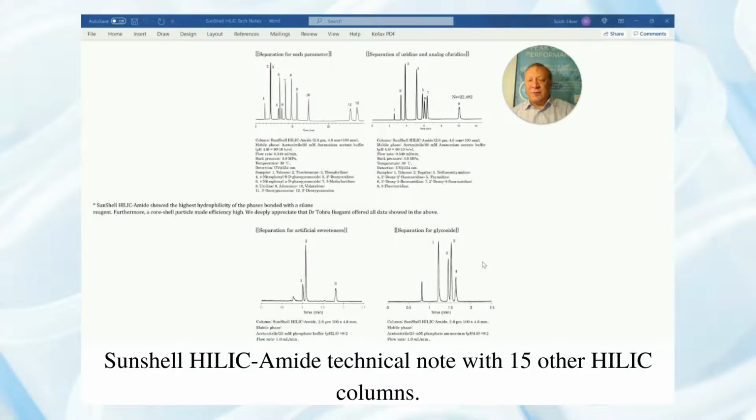Since this technical note was published, we also introduced the Sunshell HILIC bare silica column as well. So we encourage you to look at the other presentation and application notes on our website.